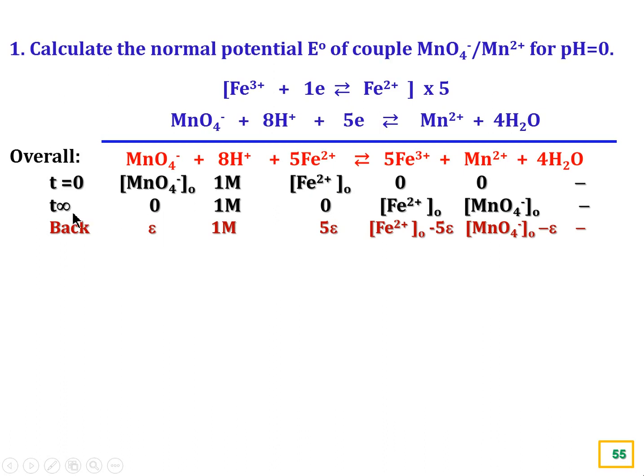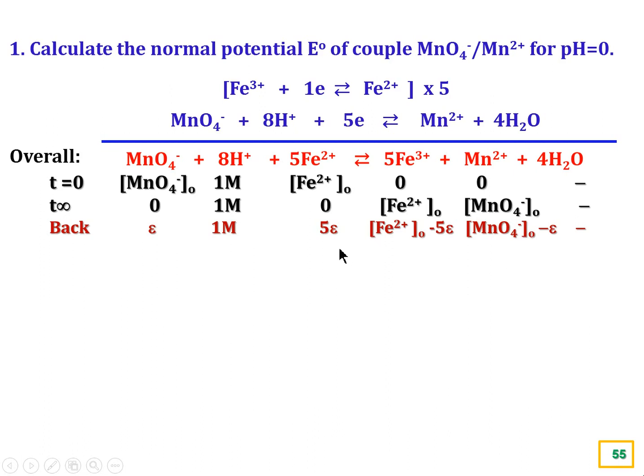The reaction at equivalence is complete and proceeds till t equal infinity. So we have MnO4- 0, Fe2+ 0, H+ remains 1 molar since the pH is maintained constant at 0. Fe3+ is equal to the initial concentration of Fe2+, and Mn2+ is equal to the initial concentration of MnO4-.